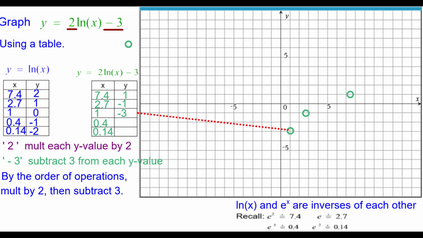So 1, -3. 2 times -1, -2, minus 3 is -5. So 0.4, -5. And doubling -2, we get -4, minus 3 is -7. So 0.14, -7.